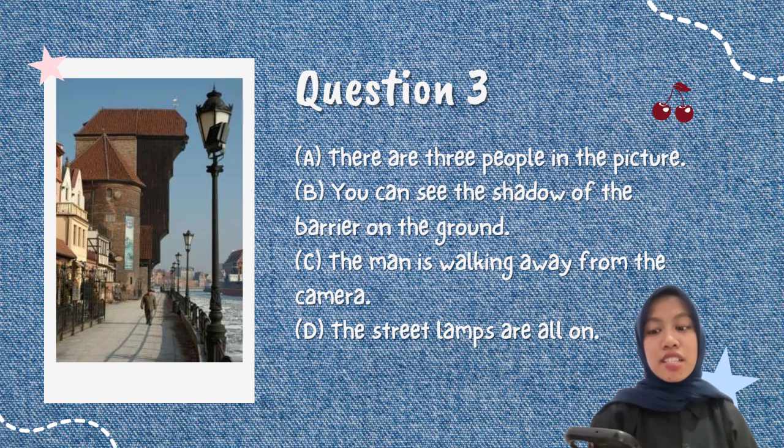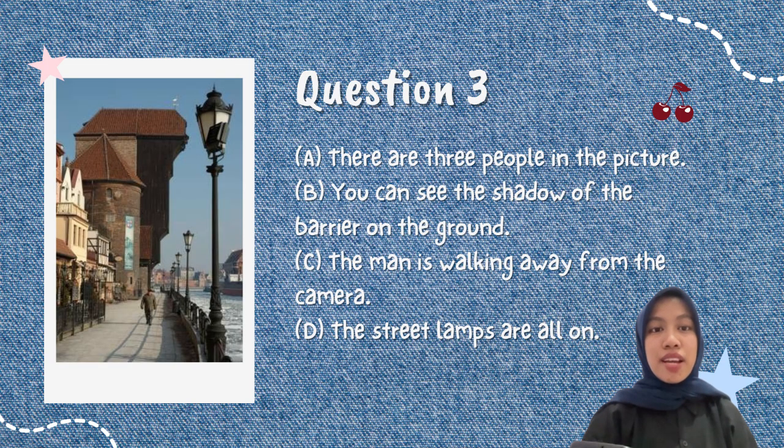We saw a pedestrian walkway along a river featuring historic architecture and a row of street lamps. Option A. There are 3 people in the picture. This is incorrect. If you look closely at the paths, there is only one man visible walking toward us.